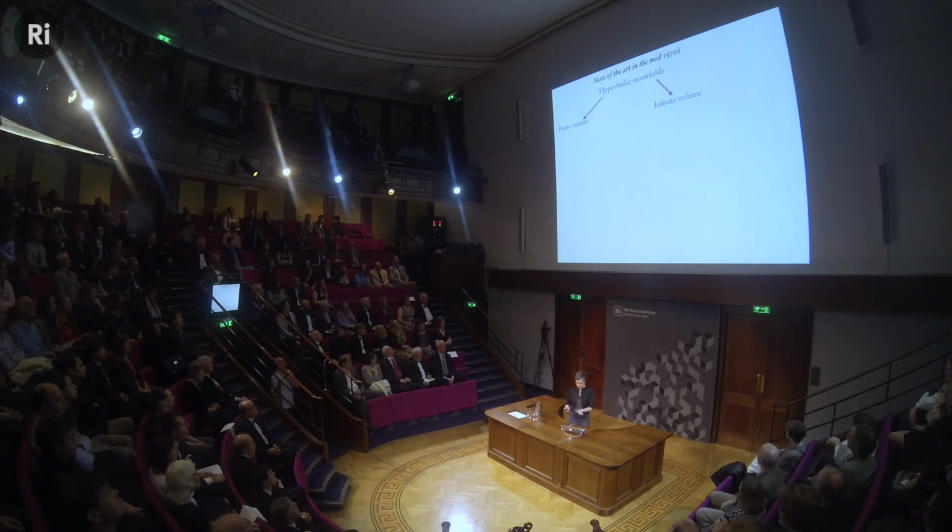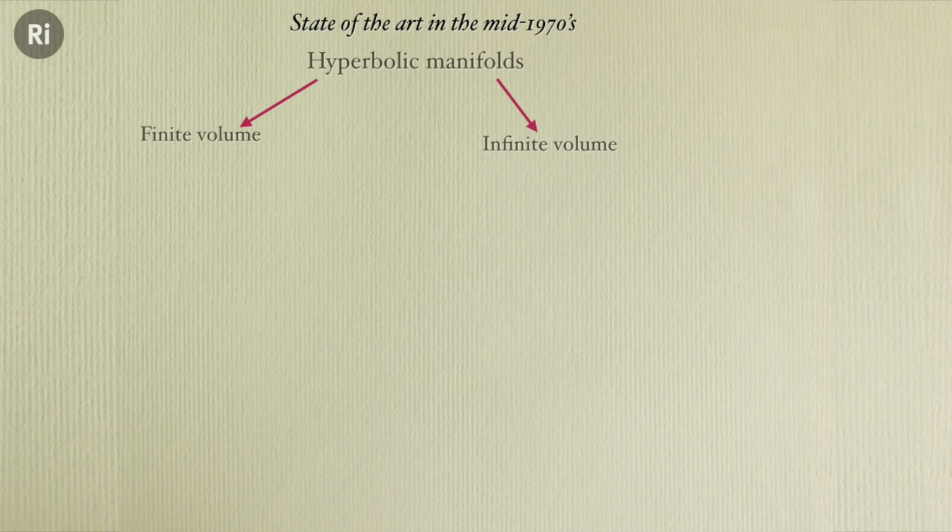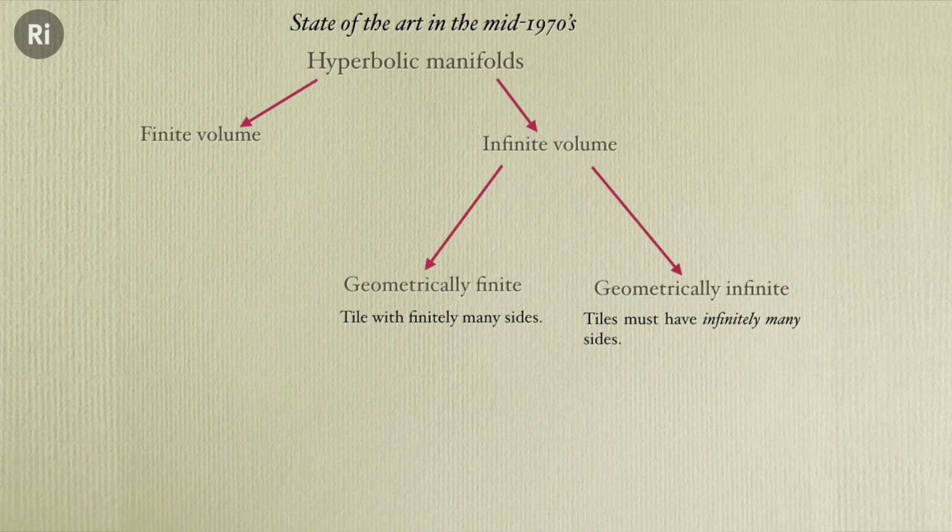So hyperbolic manifolds, we can think of finite volume, we can think of ones with tiles going out to infinity. And then there's a rather subtle distinction that is probably lost at the moment, but anyway, you can have finitely many sides or infinitely many sides of the tile.